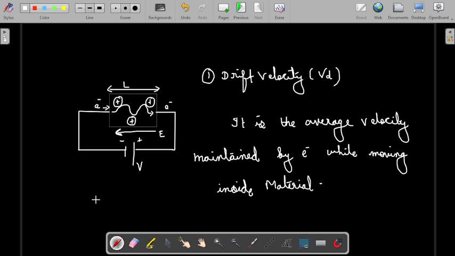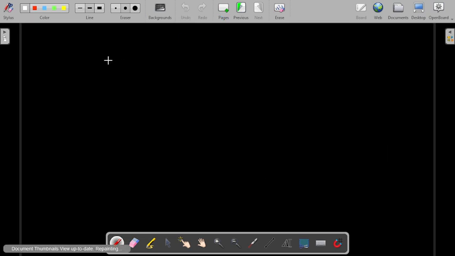v_d is directly proportional to the electric field that gets built in. We know another relationship, E equals V divided by the total length of the material where the electric field is applied. Based on these two, we have to remove the direct proportionality. Let's take v_d directly proportional to the electric field.